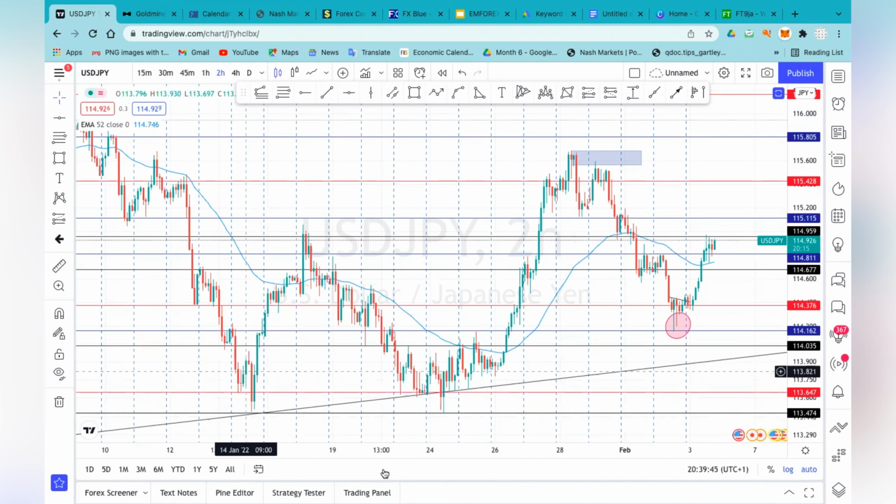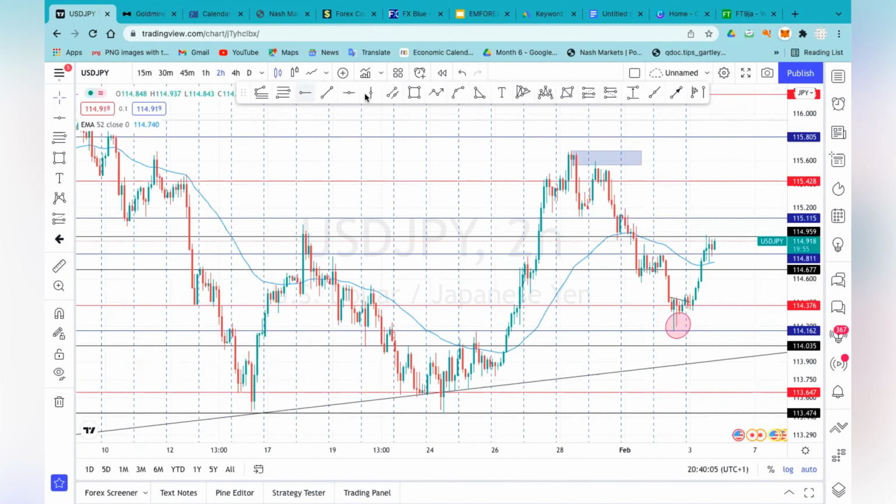This is where we can call our demand and supply level. This entire bearish candle could be seen as the bullish order block candle: the last bearish candle before a bullish move, in most cases an aggressive bullish move.